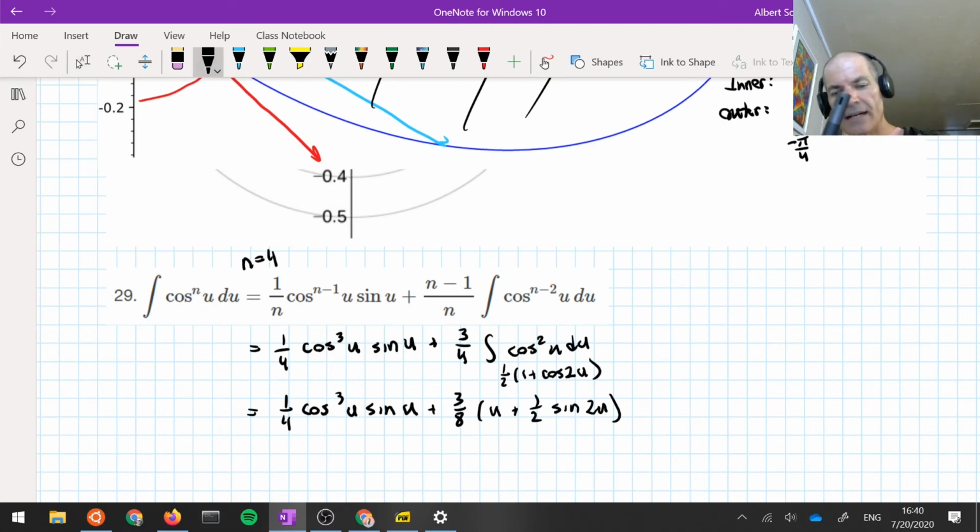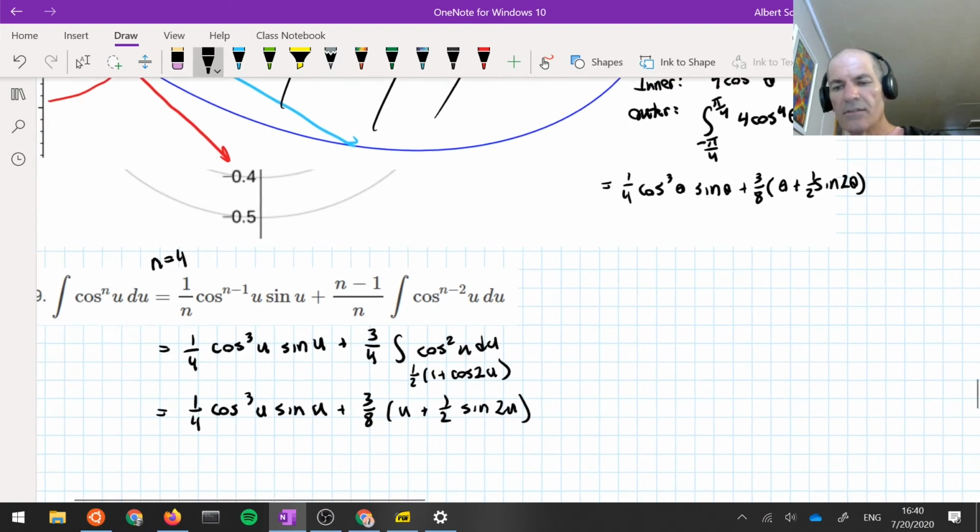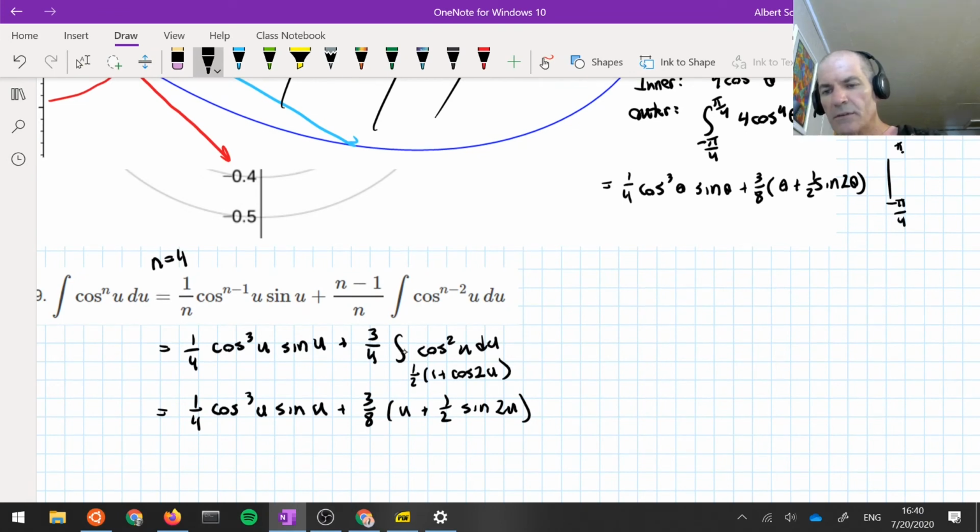So we would do that and get 1/4 cosine cubed theta, sine of theta plus 3/8 theta, plus 1/2 sine 2 theta, all of that evaluated from minus pi over 4 to pi over 4.